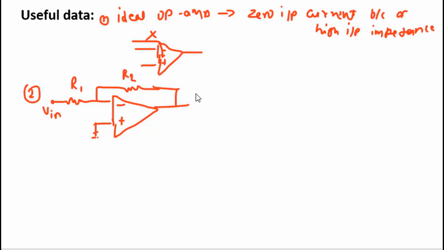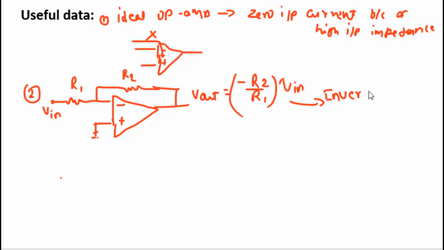Then the output Vout will be given by minus R2 over R1 times Vin.